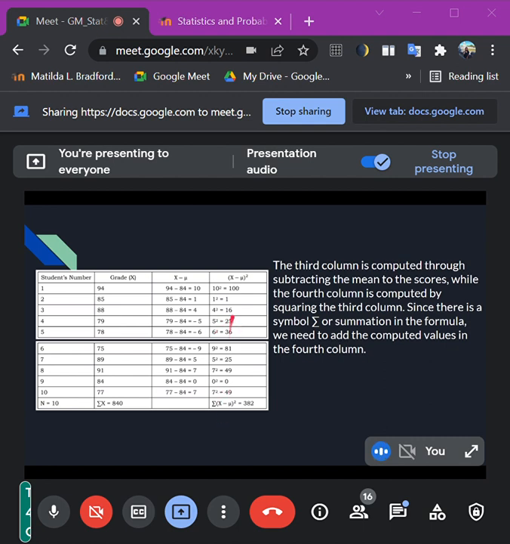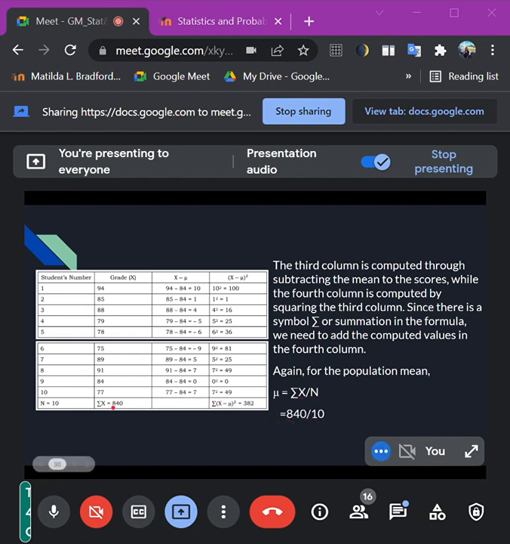Okay? And then this one, you also sum it up. Add 100, 1, 16, 25, 36, 81, 25, 49, 49. That is 382, to get the summation of your fourth column. And then, to get the population mean, you use the formula, so you can simply substitute.